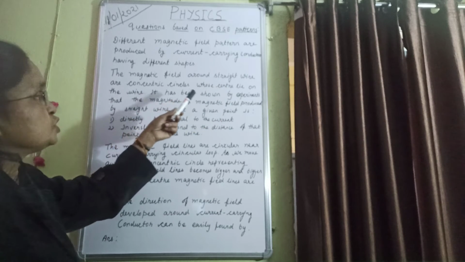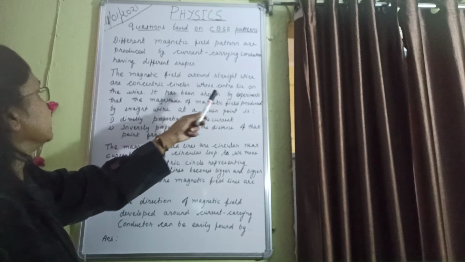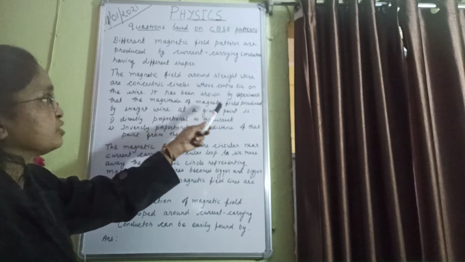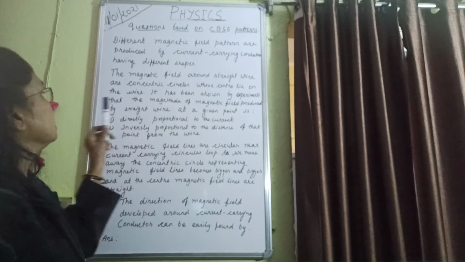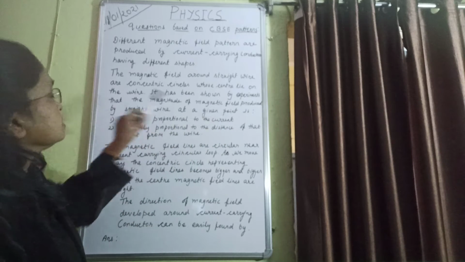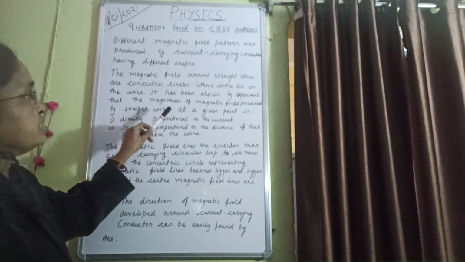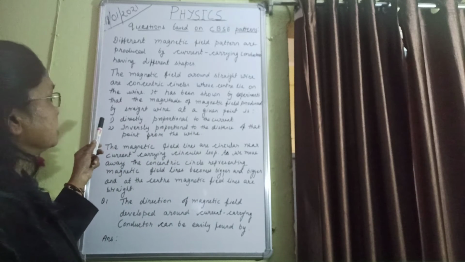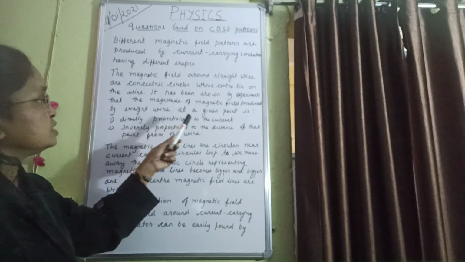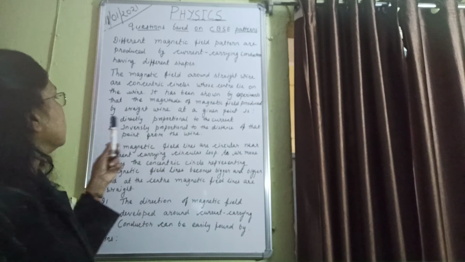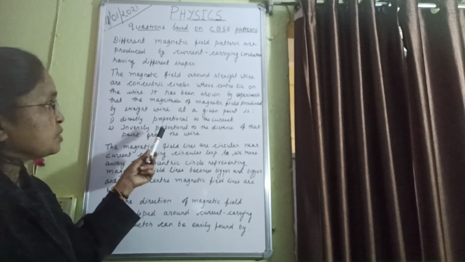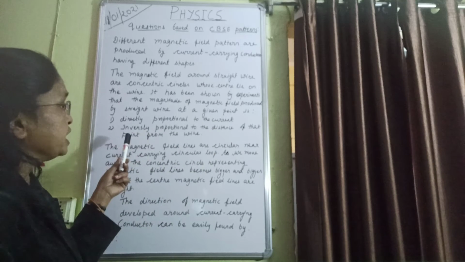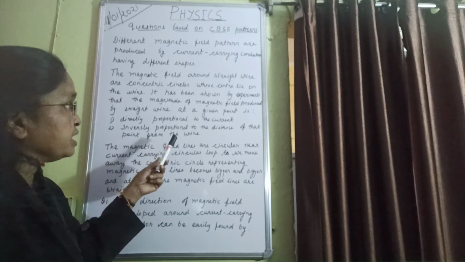It has been shown by experiments that the magnitude of magnetic field produced by a straight wire at a given point is: number 1, directly proportional to the current. Number 2, inversely proportional to the distance of that point from the wire.